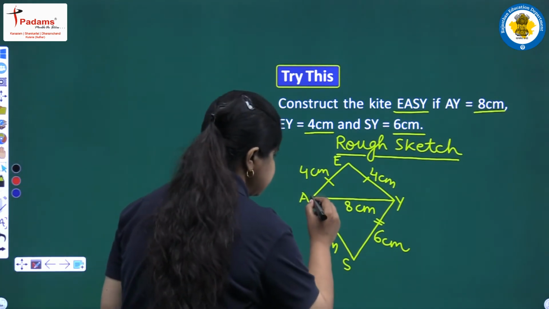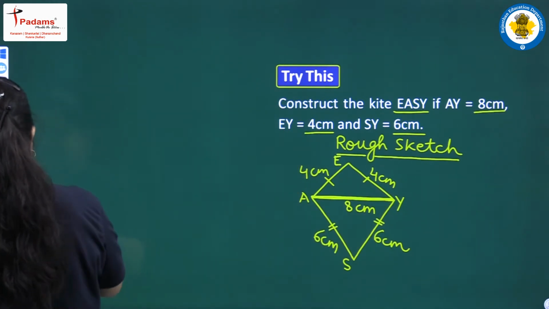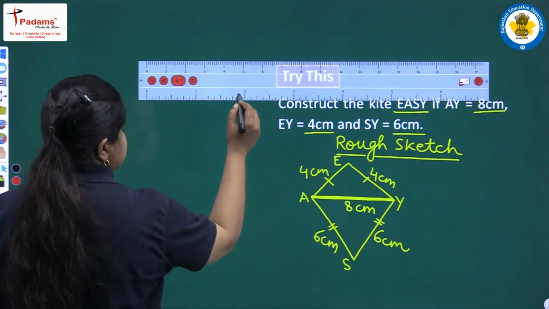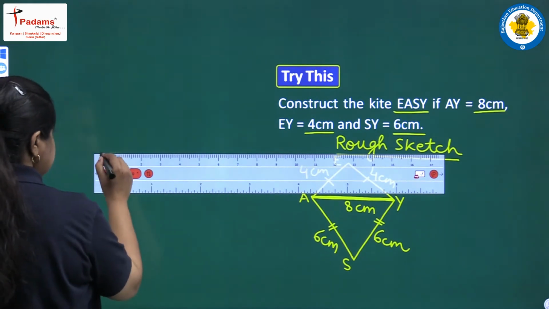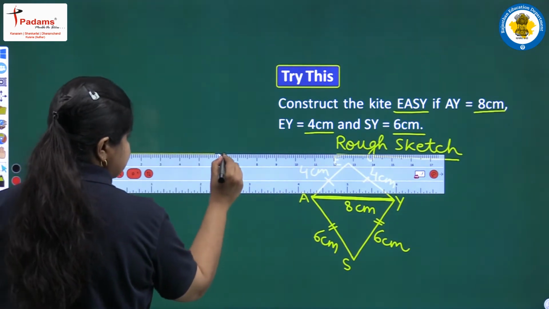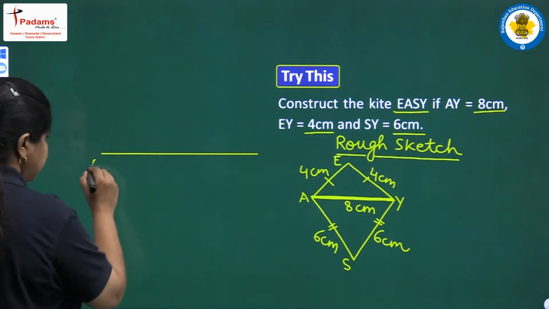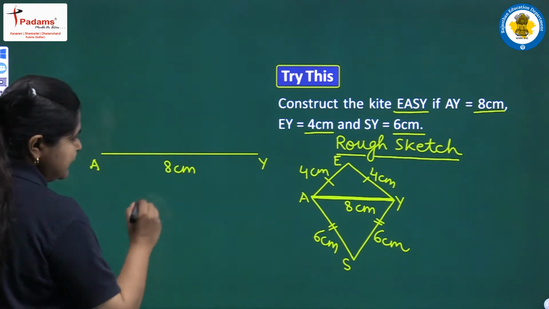We will start with this diagonal AY measuring 8 centimeters. So we bring a scale to get the line segment of length 8 centimeter. This is AY measuring 8 centimeter.